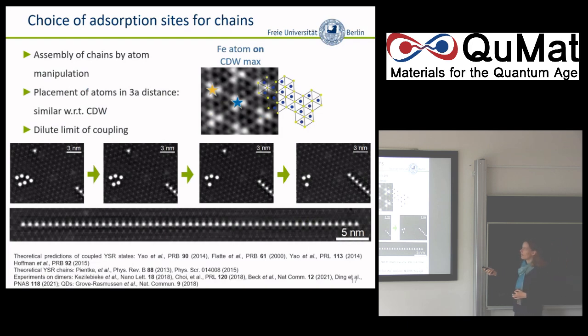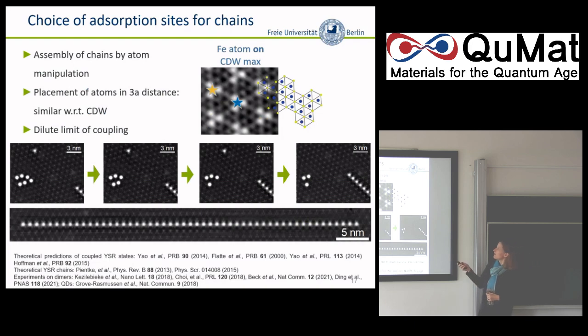And that means that we are kind of bound to a distance that's at least 3 lattice sites apart. So for instance, we could start by putting atoms on top of the maximum of the charge density wave. And this is then 1 nanometer apart. So we need to rely on the fact that our Yu-Shiba-Rusinov states are long-ranged. Just direct exchange coupling at 1 nanometer is just negligible.